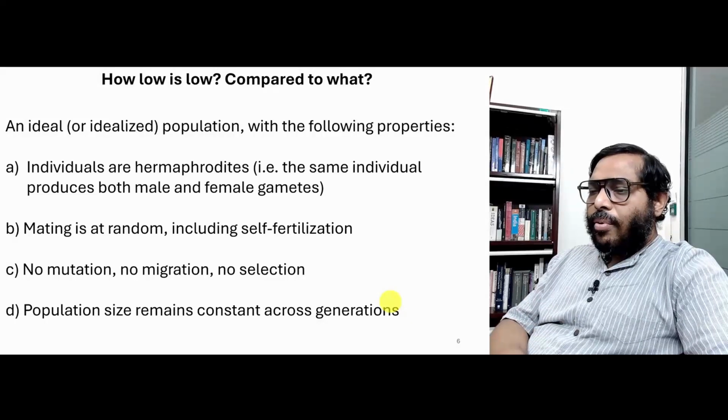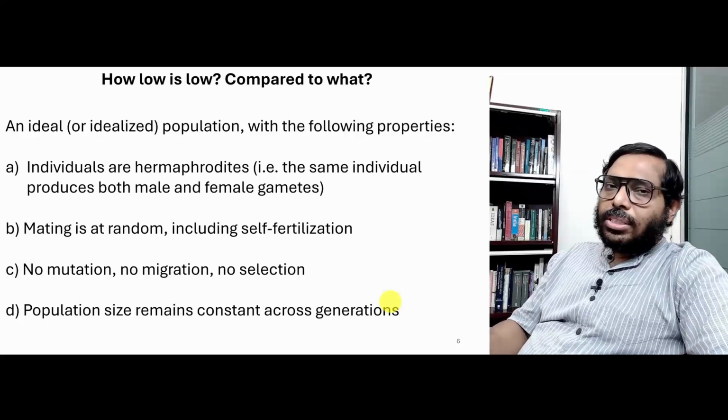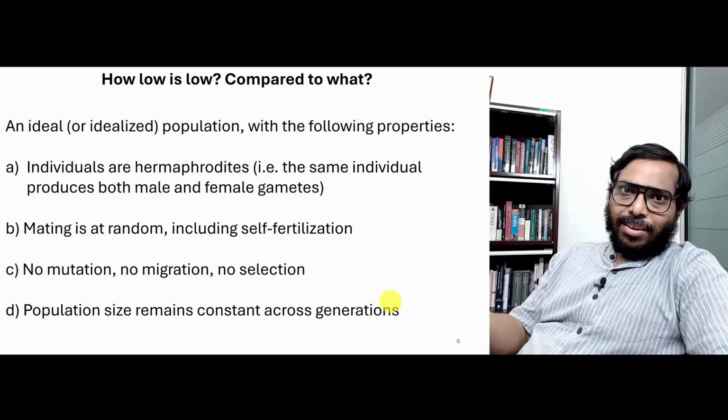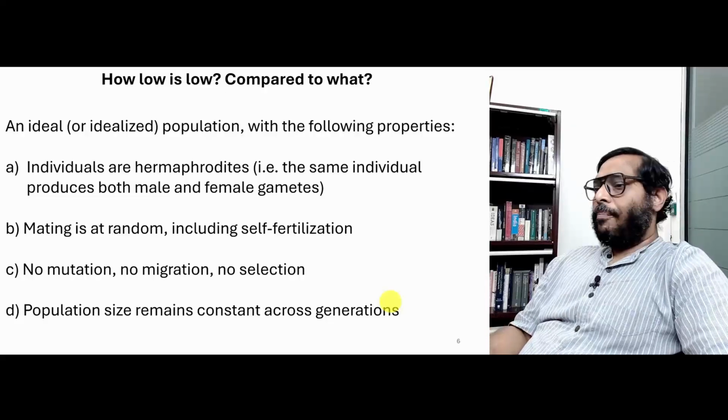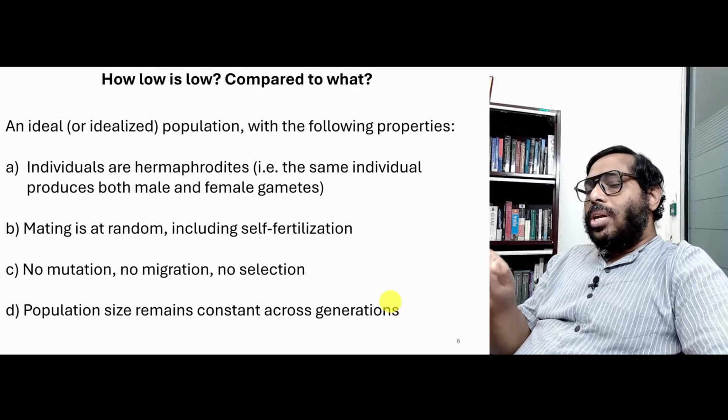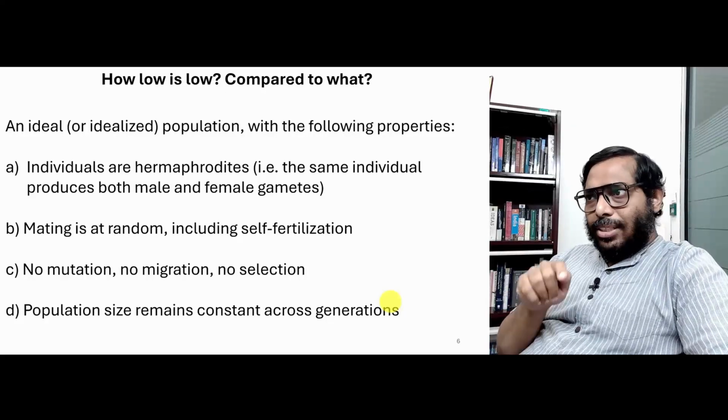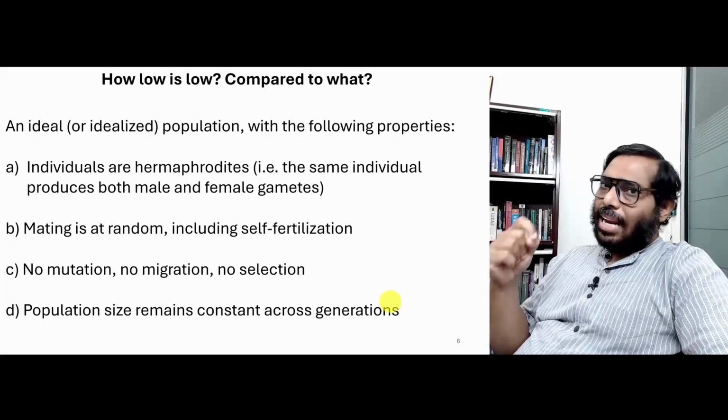Now that you have defined an idealized population like this, obviously some of you are thinking, why exactly am I taking these assumptions and not other assumptions? The reason you need precisely these assumptions has to do with how you do the derivation.